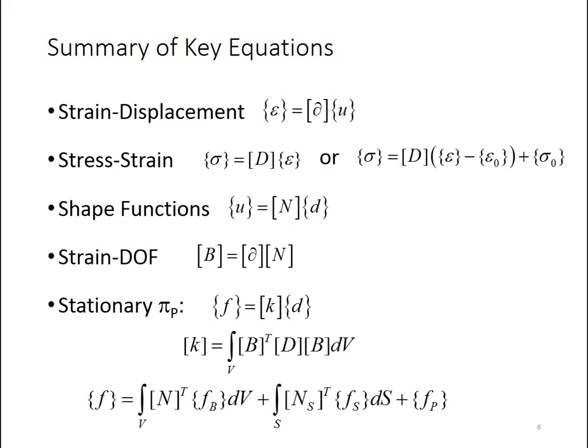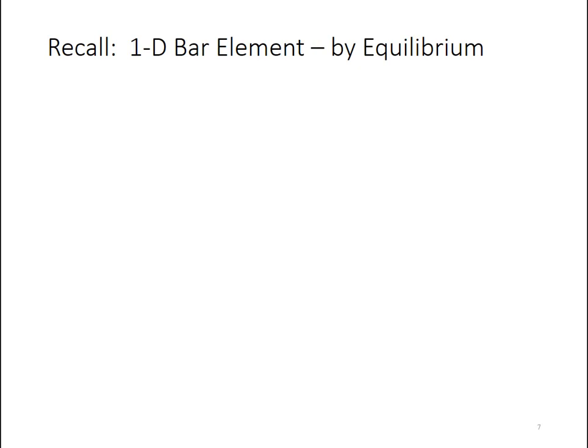So these are true for any system in equilibrium. We can say that we have a force vector equal to a stiffness matrix times a degree of freedom vector, where the stiffness matrix is given as shown, and the force vector has three components based on body forces, surface tractions, and point loads. So that's a quick summary of the equations that we've derived.